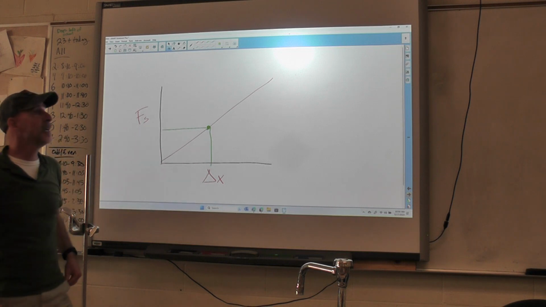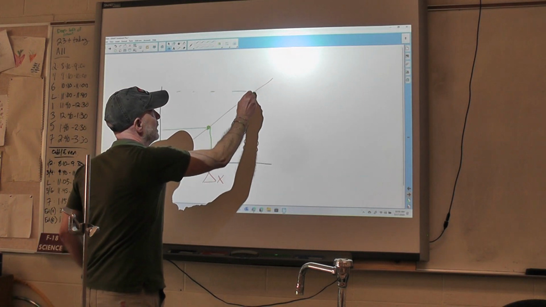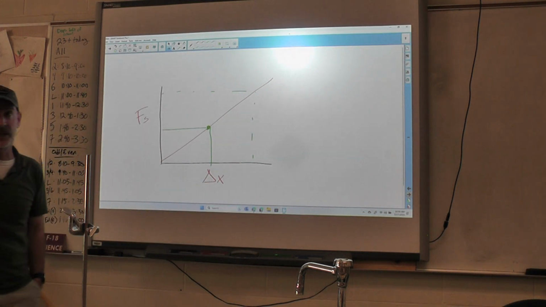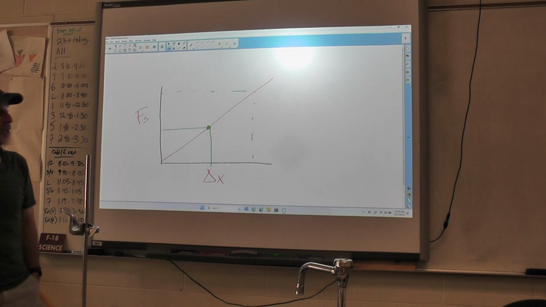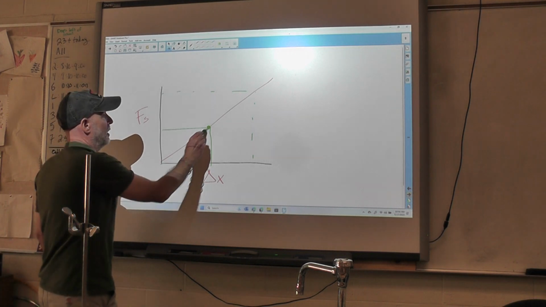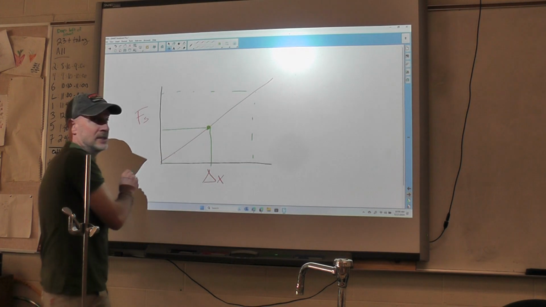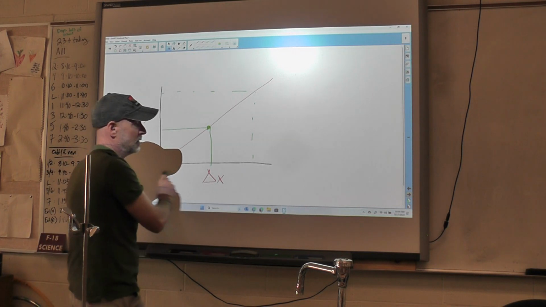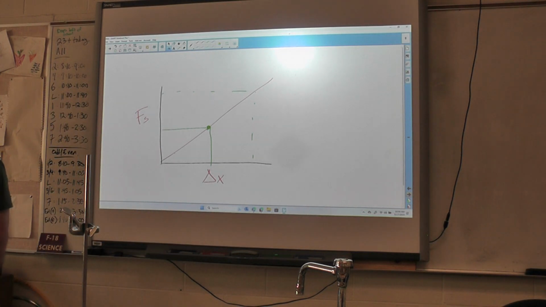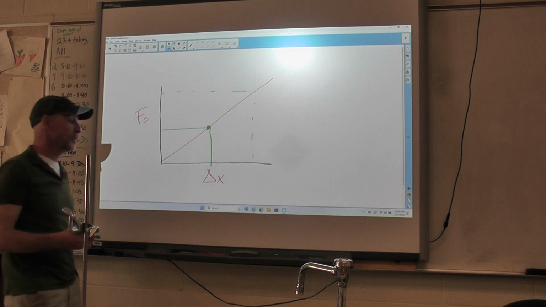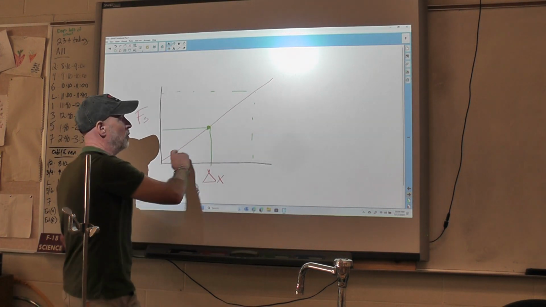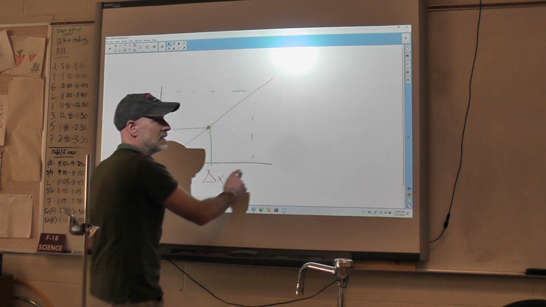At that point, we can figure out how much force will be exerted by the spring at any distance. It's going to be whatever the equation for this line is times the distance itself, right? The force is always going to equal the slope of this line times the distance.